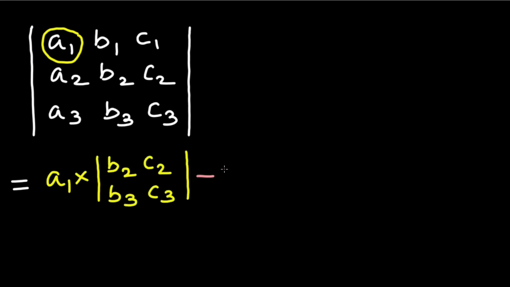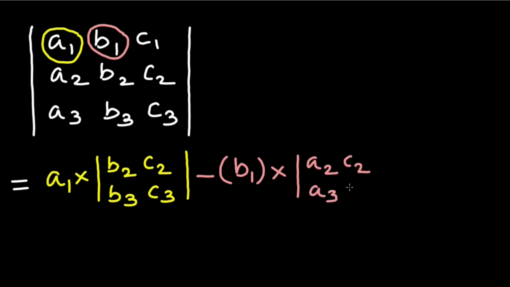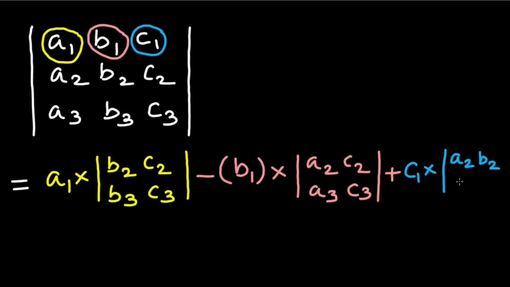Then we put a minus sign and write the second element of the first row B1 multiplied by minor of the element B1, which is A2 C2 A3 C3. Then we put plus sign and write the third element of the first row C1 multiplied by minor of C1, which is A2 B2 A3 B3.